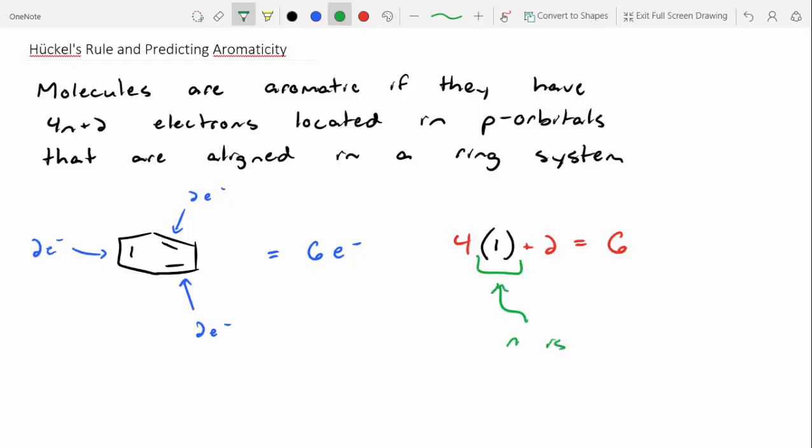N is an integer. Right? So n can be 0, it could be 1, it could be 2, it could be 3. As long as your net output, meaning this value over here, follows this rule, the system can be considered aromatic, right? So let's take a look at some example systems that aren't benzene.